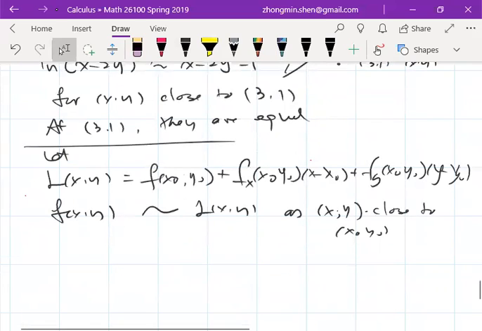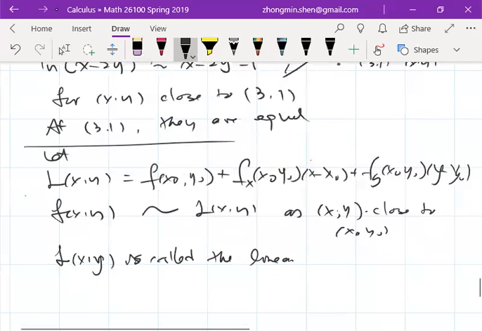So this L of x, y is called the linear approximation to the function f of x, y.